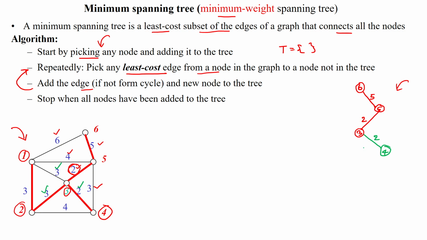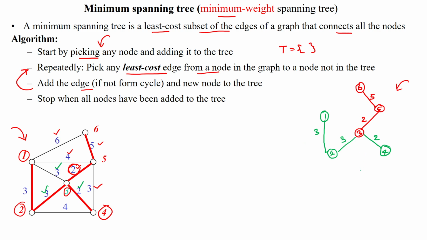There is the possibility of a minimum cost edge from 3 itself, reaching 2, which has cost 3. And from 3, again we check the least cost, which is the edge with cost 3 reaching node 1. So this is one of the least cost spanning trees, that is, a minimum spanning tree.